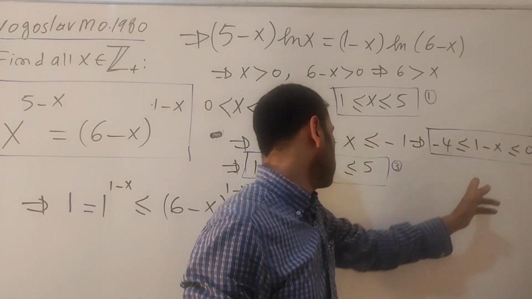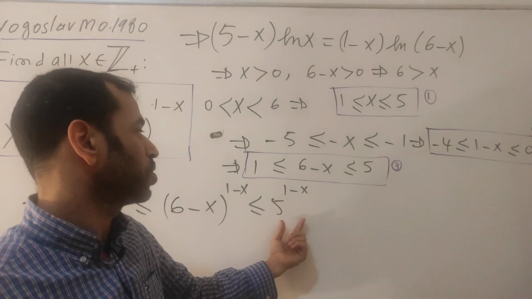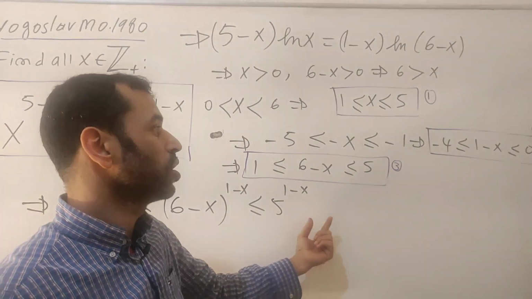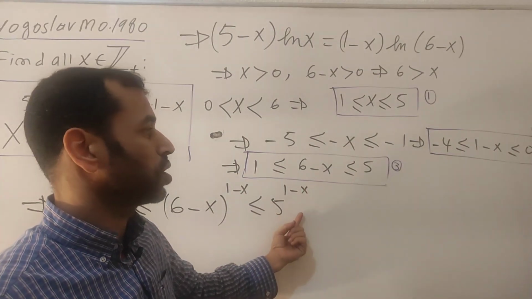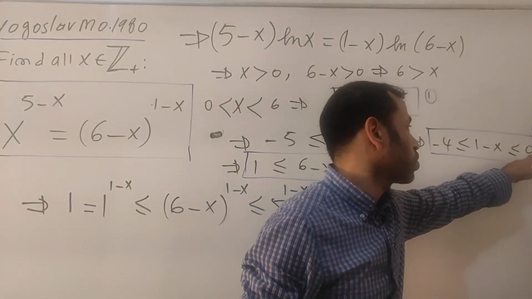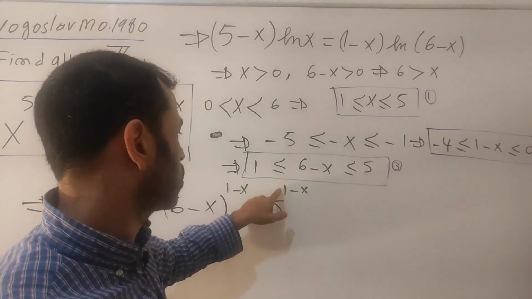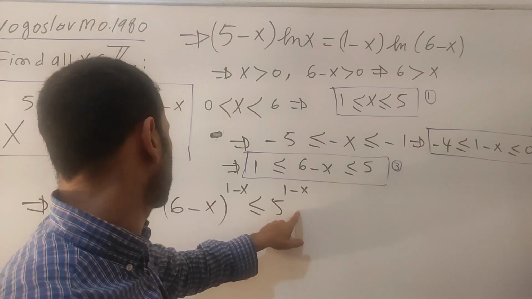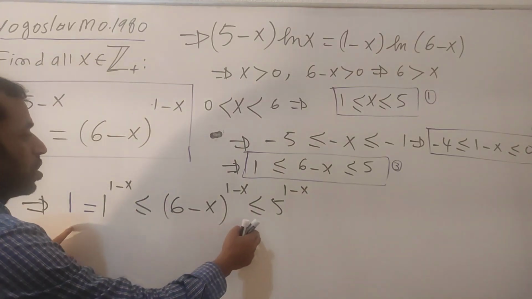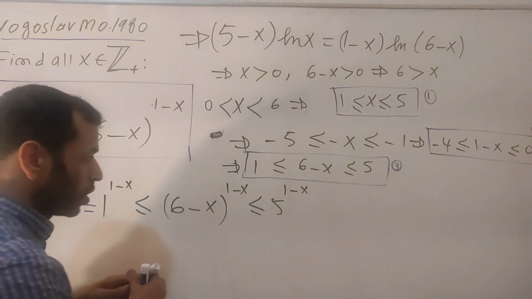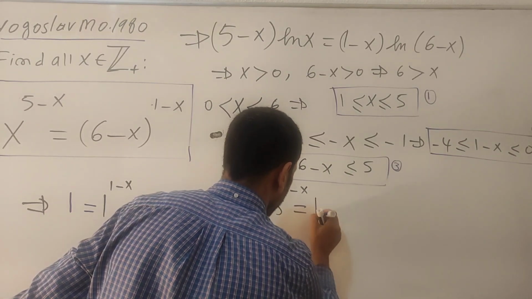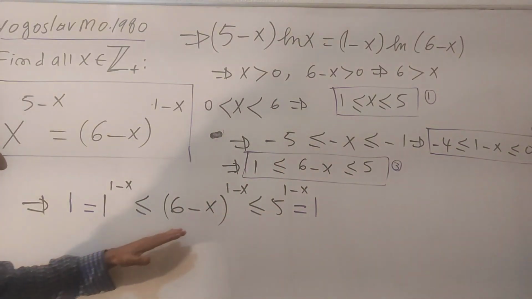Whatever you replace here, you still have the inverse, and it's not an integer. So the only way to get an integer is for the exponent to be 0. With exponent 0, 5 to the 0 is 1, so it turns into an equality. This must equal 1 for the inequality to work correctly.